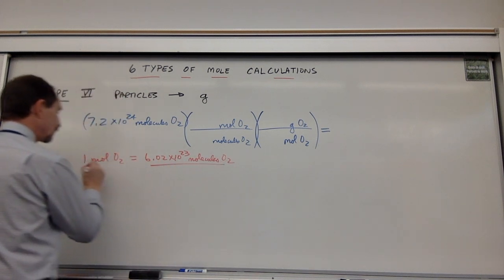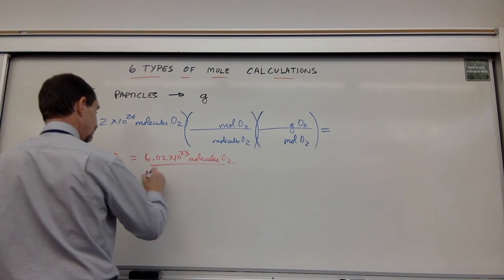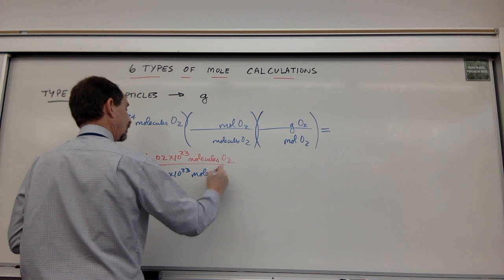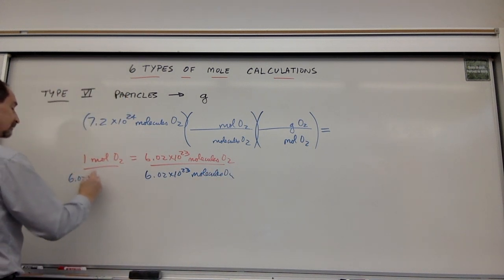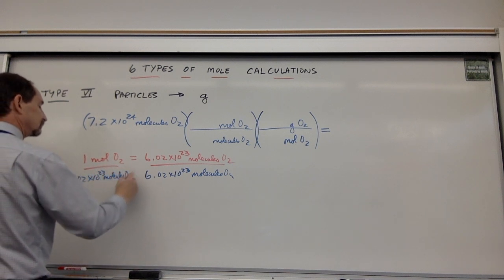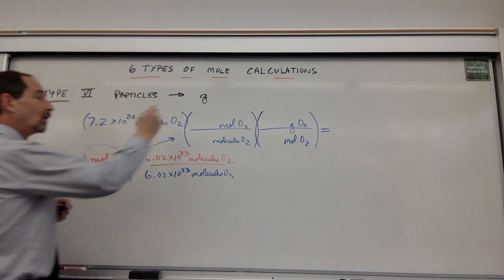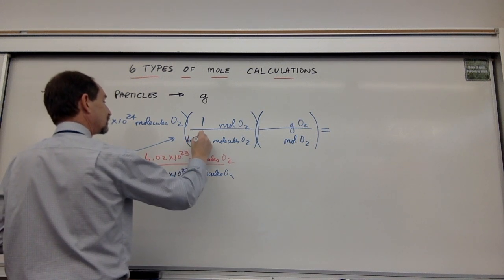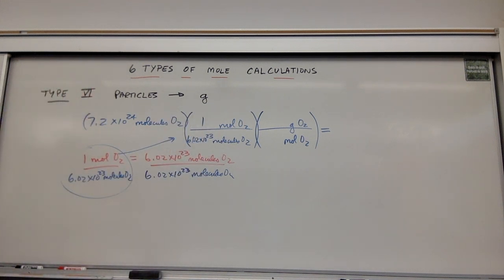I can then divide both sides of any equality by the same number, which will be Avogadro's number. And use that as my unitary rate. And plug it in right there. 1 mole. And I didn't leave myself much room here, but 6.02, 10 to the 23rd molecules of oxygen.